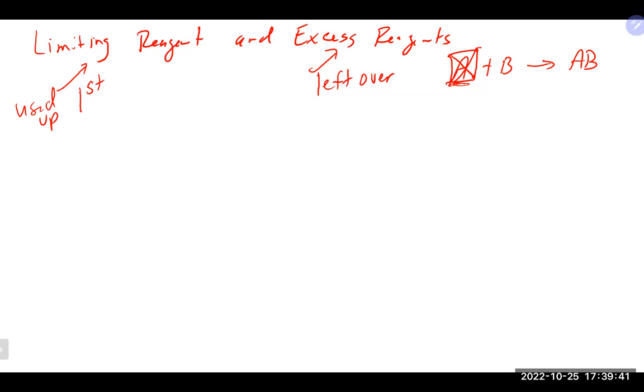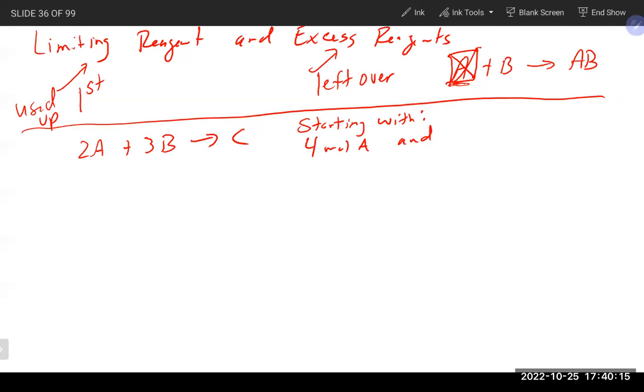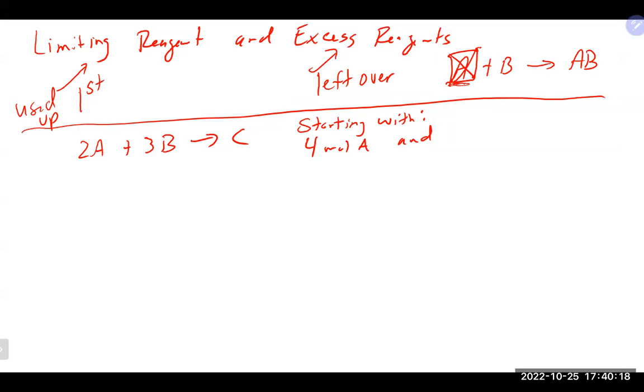There is a more classic way of doing it where, for example, if you have an equation such as this, and we say that we are starting with, for example, 4 moles of A, and say, actually we'll go 2 moles there for that one, and 2 moles of B.